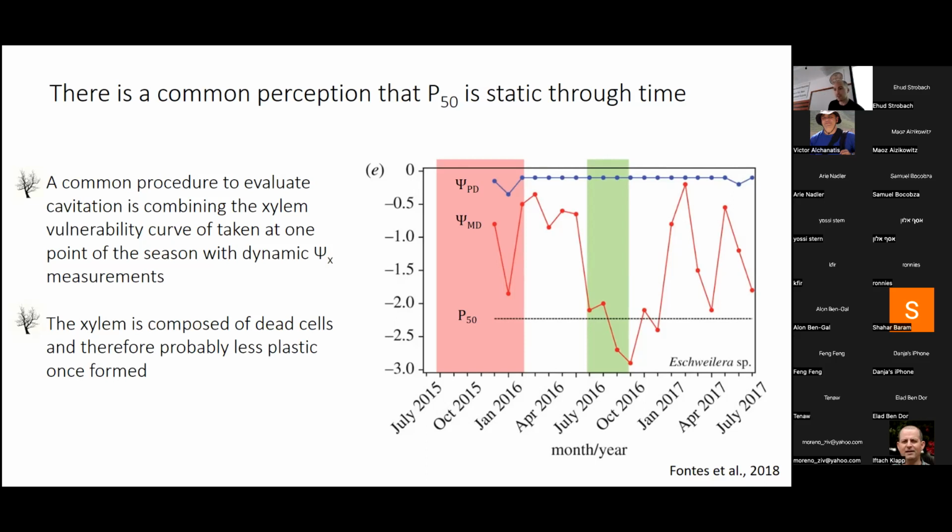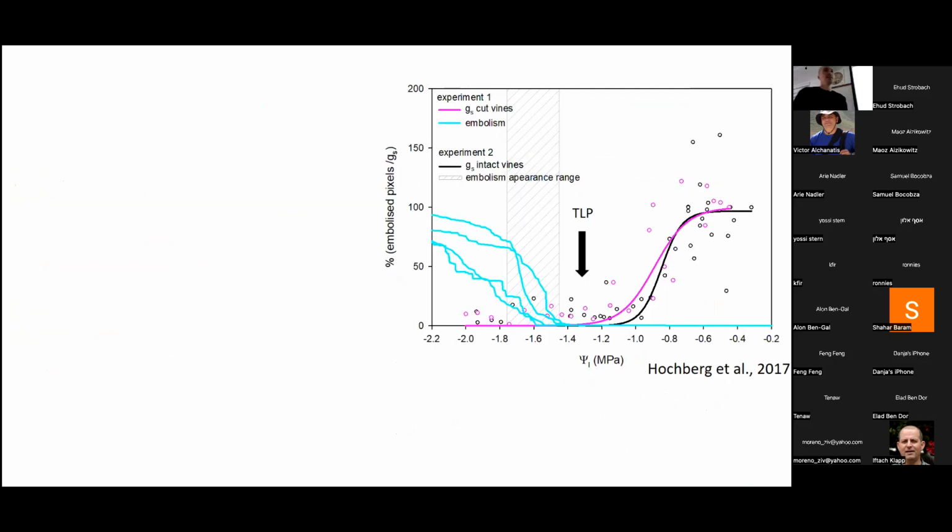And now I'm going to take you back to what I presented here in my last presentation a few years back. So this is, in grapevines, the sequence of physiological responses to dehydration. On the x-axis, you can see the leaf water potential, and in pink and in black, you can see the stomatal conductance.